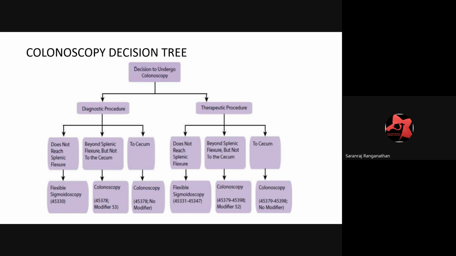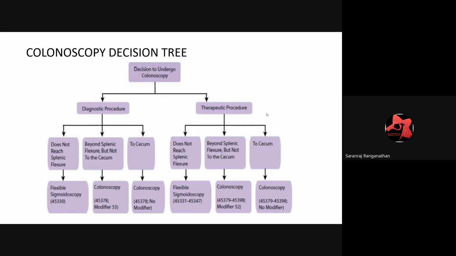When we use the 53 modifier, it is a discontinued procedure. So the procedure started, but it is not completed. Okay. And to the cecum, if it has reached the cecum, we need not add the modifier, 45378 only, we can go. Okay. This is for diagnostic purpose.